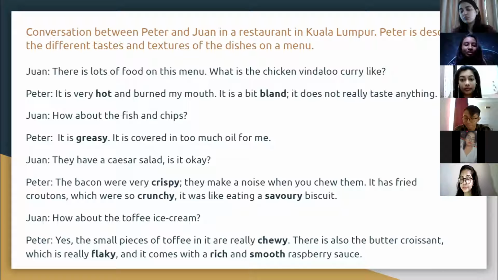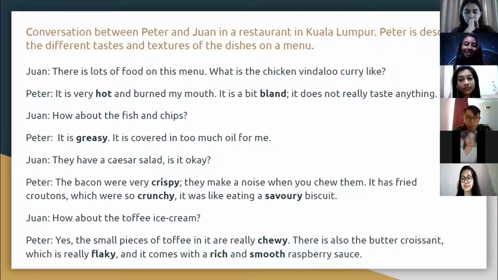All right, moving on to the word flaky. What is flaky? Flaky is a term describing a food with a dry texture that easily breaks into small pieces. For example, pie crust or cheese tart. As you can see, the bottom part is covered with biscuit, so when you eat that, it breaks into small pieces, which will make a huge mess, right?